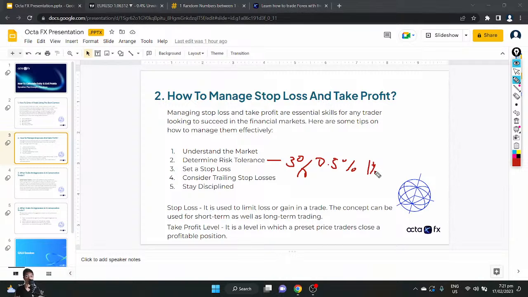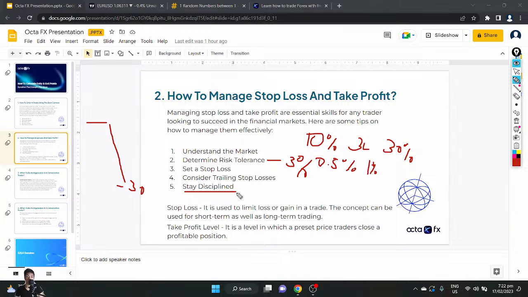This is very important, because let's say you are risking 10% of your account per trade, then you lose 3 in a row, which means you will be down 30% of your account, which is very painful, right? If you see your equity curve go from this level immediately down negative 30%, it will be painful and very hard for you to stay disciplined.